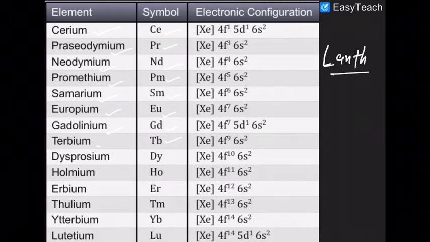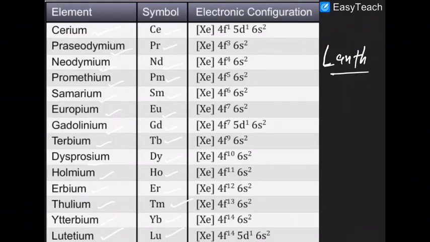Tb stands for terbium. Dy stands for dysprosium. Ho stands for holmium. Er stands for erbium. Tm stands for thulium. Yb stands for ytterbium, and Lu stands for lutetium.